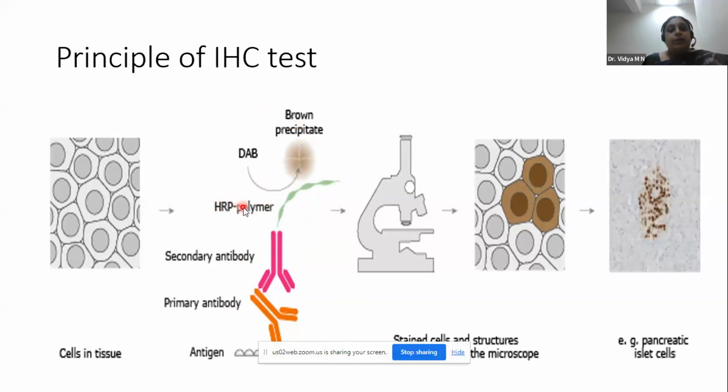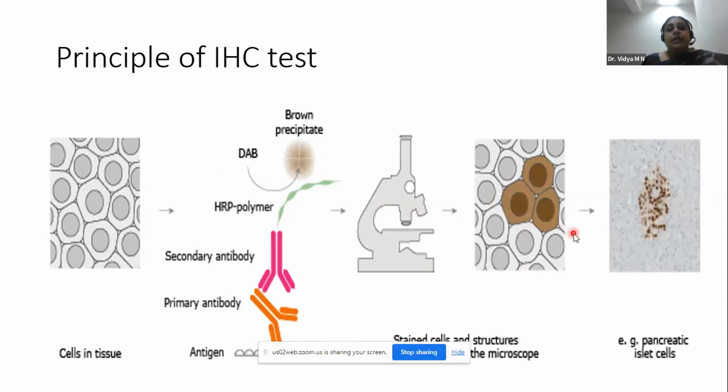So what does the HRP polymer do? It is going to cause precipitation of the pigment, and we finally see the end result as a brown precipitate under the microscope for the pathologist. So this is how essentially we are going to see a lot of blues and browns, because brown is the precipitate and it is a universal chromogen that all the labs employ.